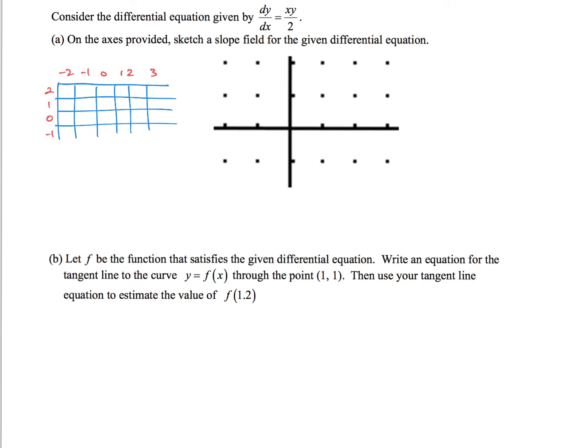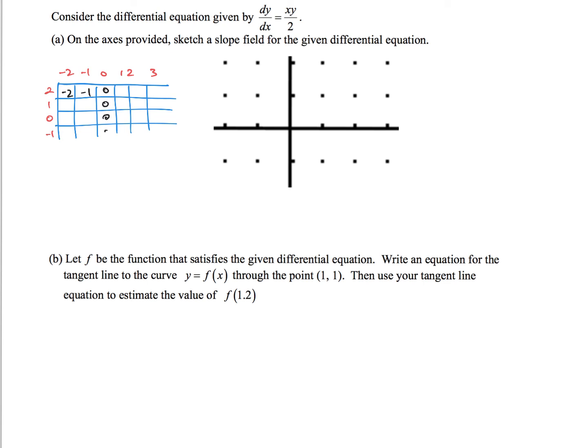All right. Let's substitute in negative 2, 2. What do we get? Negative 2. How about negative 1, 2? Negative 1. How about 0, 2? 0. Anytime we substitute in 0, what's it going to be? 0.